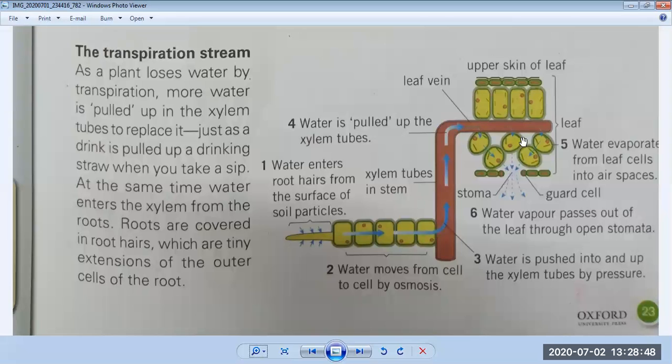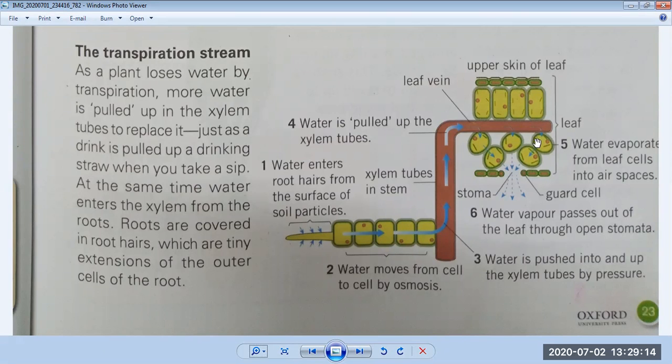Then come to number 5, water evaporates from leaf cells into air spaces. Then it reaches the leaf, and we also discussed that all leaves have stomata on their edges, and in the center they have mesophyll cells, and all mesophyll cells have air spaces where water and air, when they are mixed, make the food for the body of a plant.